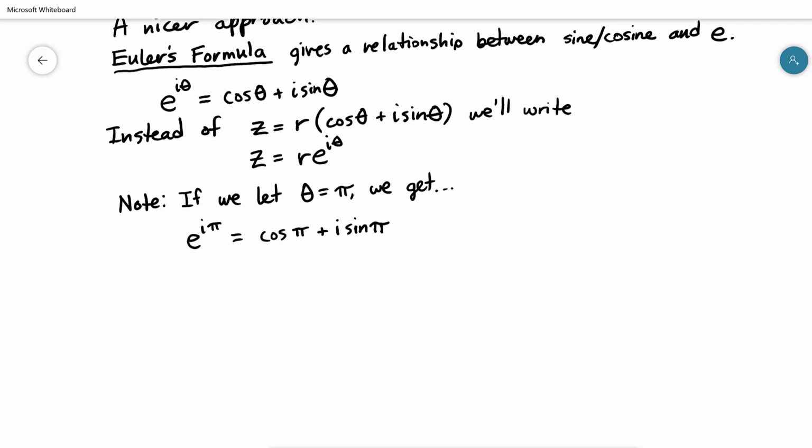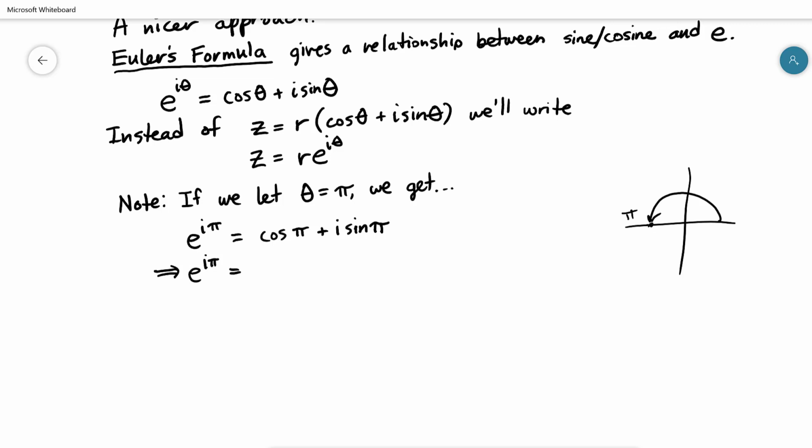And thinking about what these numbers mean, based on our unit circle, so e to the i pi on this side, what is the cosine of pi? Well, that is, real quickly, that's over here, that's where pi is.